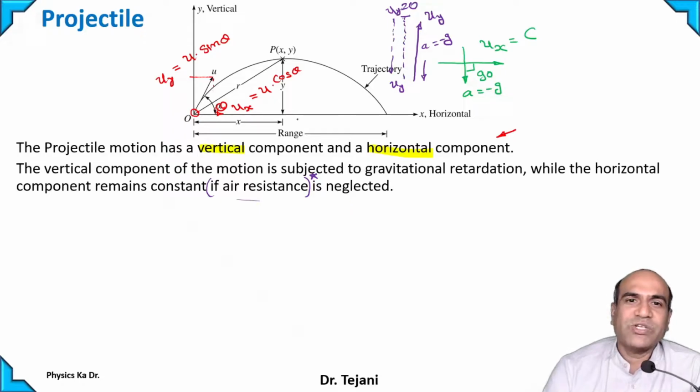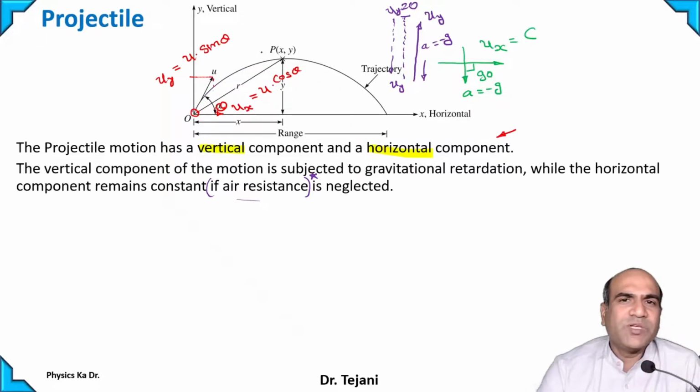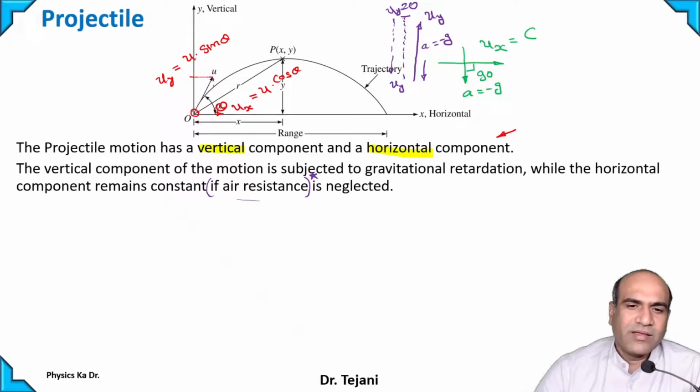If there is a consideration of the effect of air, that means the path may not travel up to full range. It may travel up to this level, or the path may have a somewhat different trajectory. But most objects have a much lesser effect of air, right?